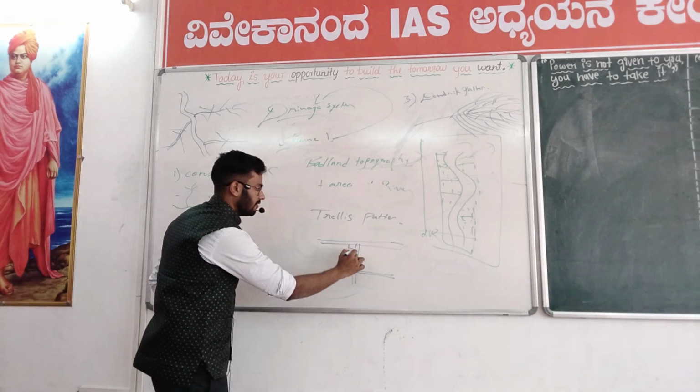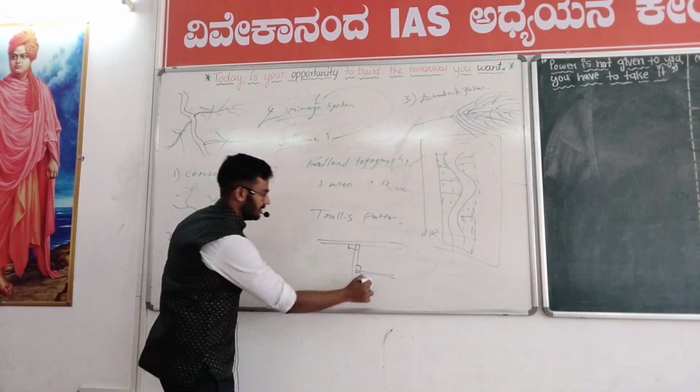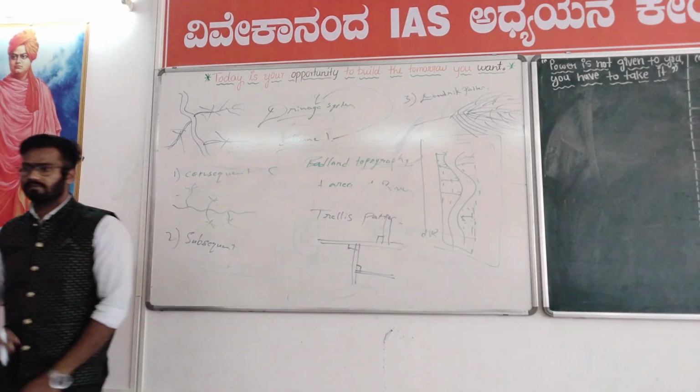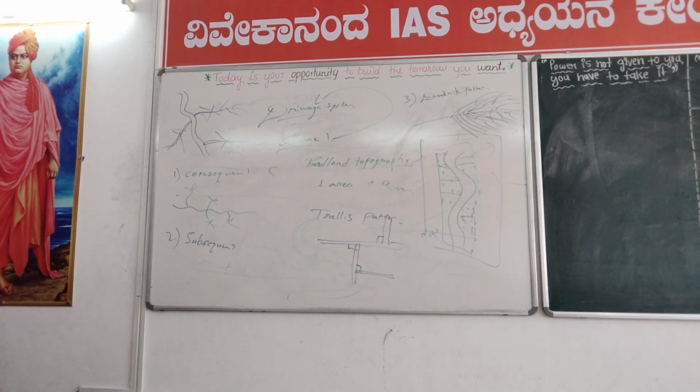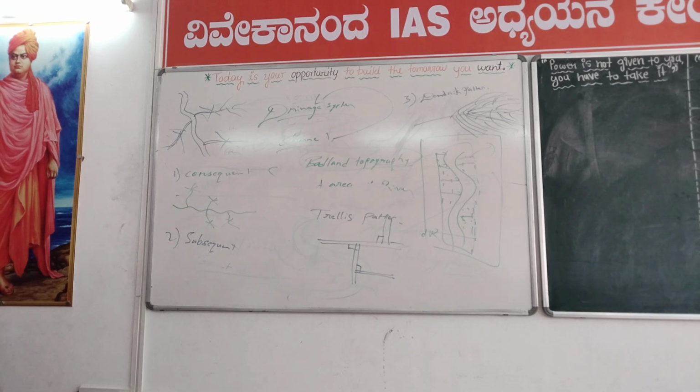Means the point of contact is 90 degrees wherever you go. Again it is 90 degrees. This is called trellis. The main river and its tributaries join at an angle of 90 degrees. Then we call it a trellis.